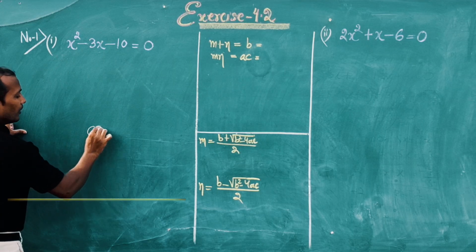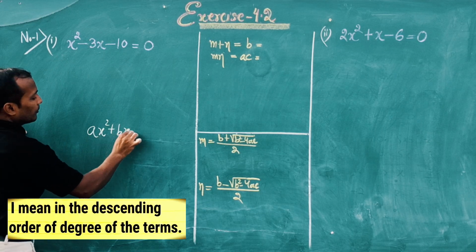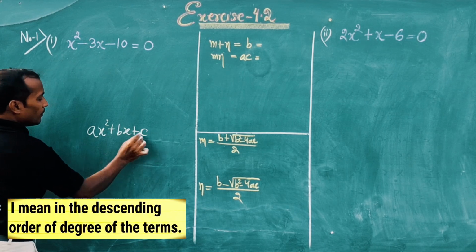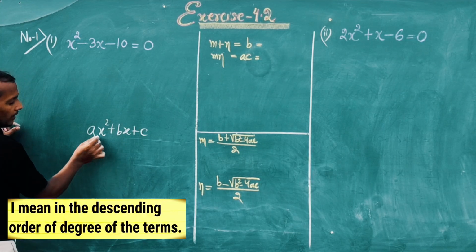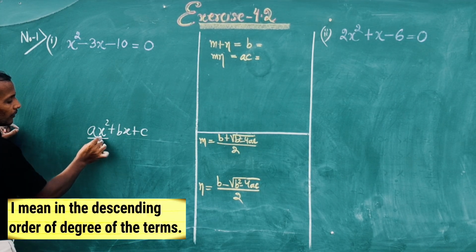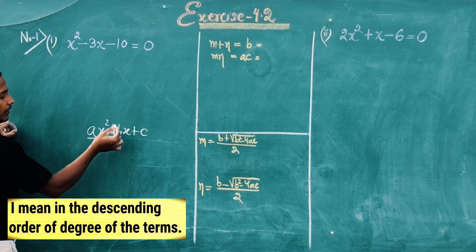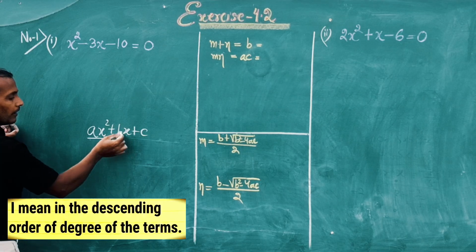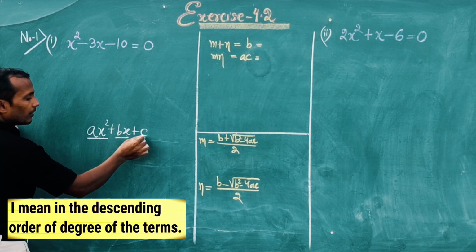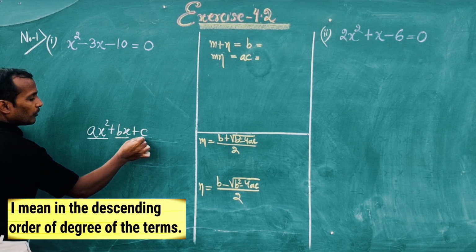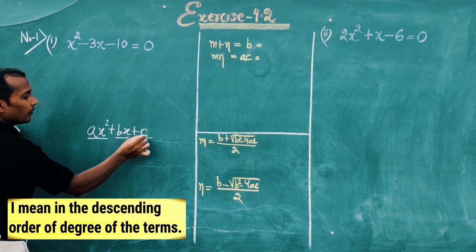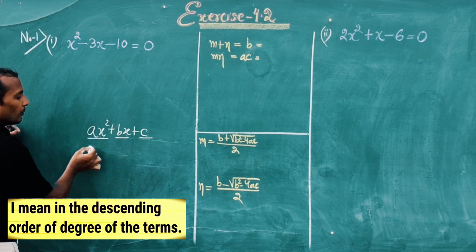Proper order means ax square plus bx plus c is the standard form of a quadratic polynomial, where the leading term is ax square, the term with x square. The term with x is the second term, and there is no x in the last term, which is also called the constant term. The constant term is placed at the end. This is the proper order.